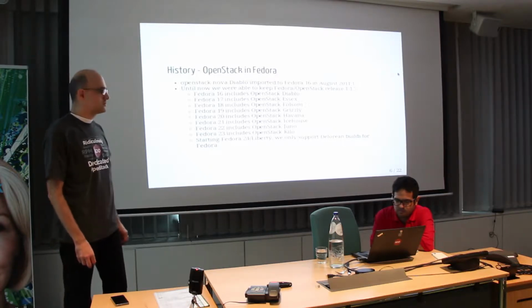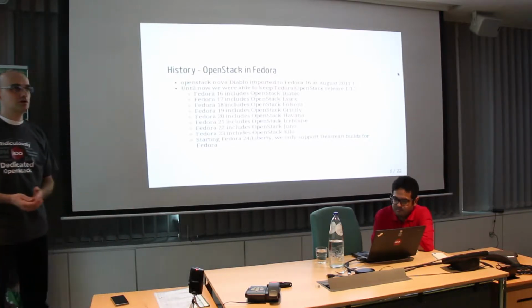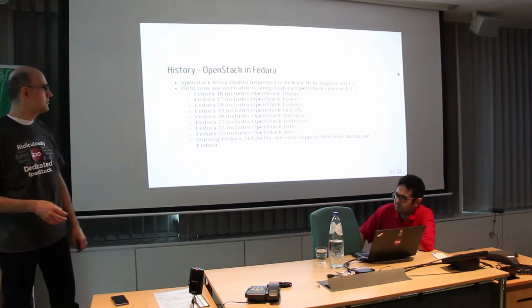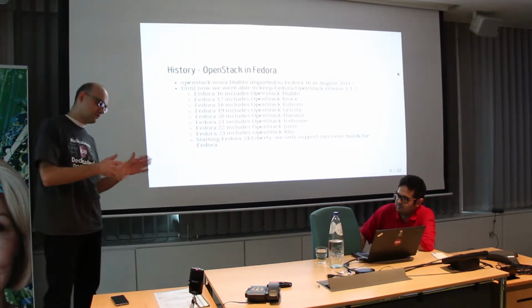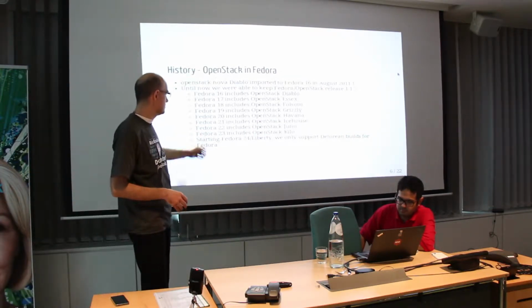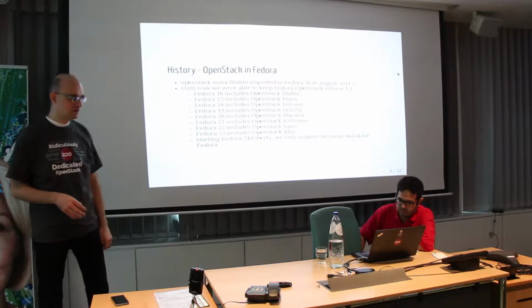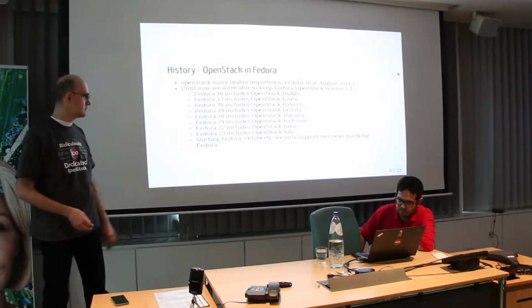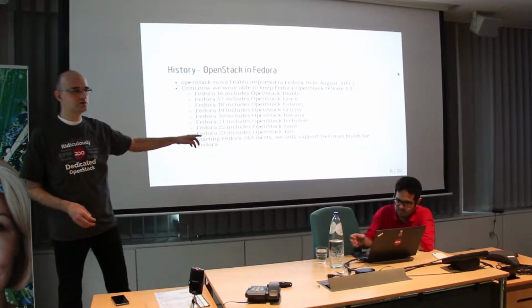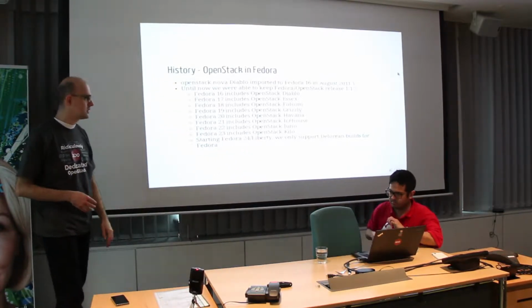So what was the history? We first introduced this in Fedora. It was Diablo in the Fedora 16 time frame, and then we were lucky that we were able to keep one-to-one mapping up to Kilo recently, and then in Fedora this started going out of sync. Fedora 24 is still not released, Liberty is already released, so we are already out of sync.